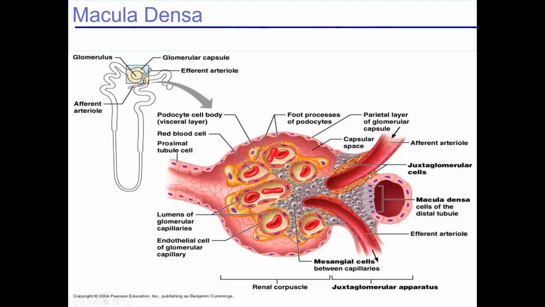The juxtaglomerular cells contain renin, and they're very sensitive to changes in salt levels and in pressure levels in the distal tubule. The mechanoreceptors and the osmoreceptors that are going to detect this in the filtrate in the distal tubule are the macula densa right here.